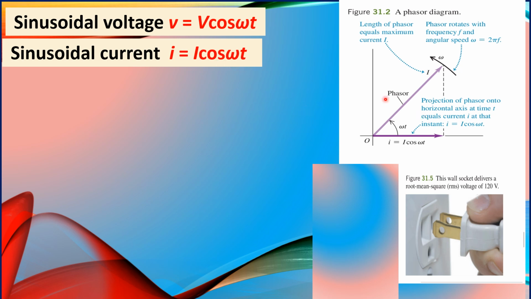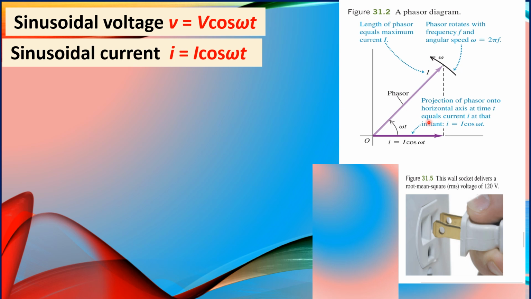And that goes through also for the instantaneous voltage. Small v is also equal to capital V, which is the voltage amplitude, the maximum value of the voltage, multiplied by the cosine of the angle omega times t.